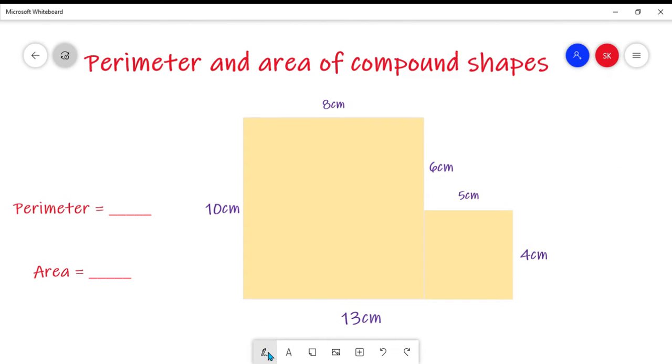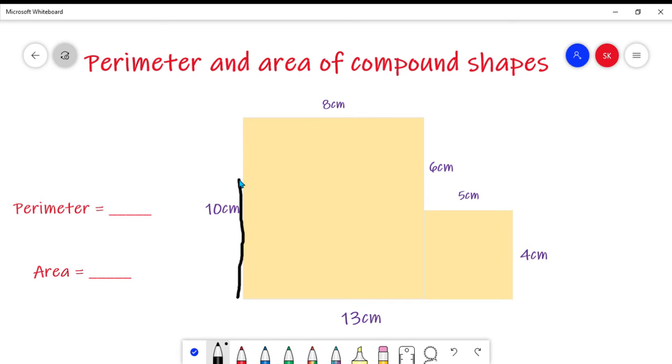And let's start with the first example. To start off, we're going to work out the perimeter first. The perimeter is the measurement, how many centimeters, since we're using centimeters, all around the edges. So first of all, let's start with this edge.